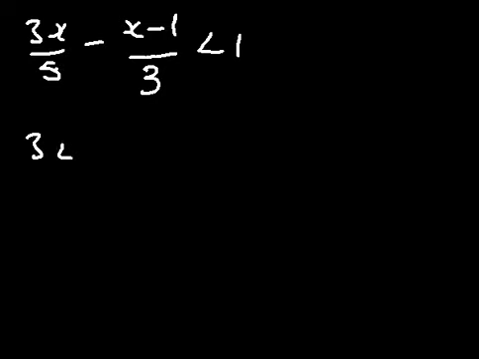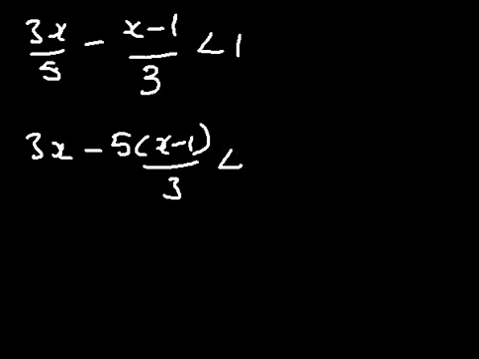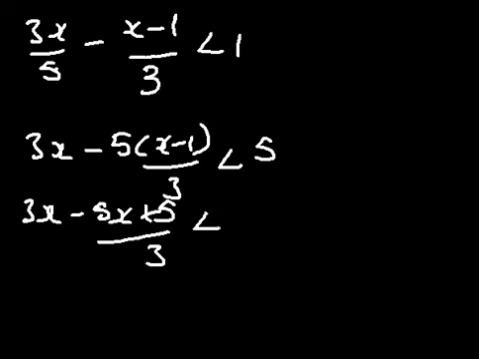So we have 3x minus 5 times (x minus 1) over 3, less than 5. Then we have 3x minus 5x plus 5 over 3, less than 5.